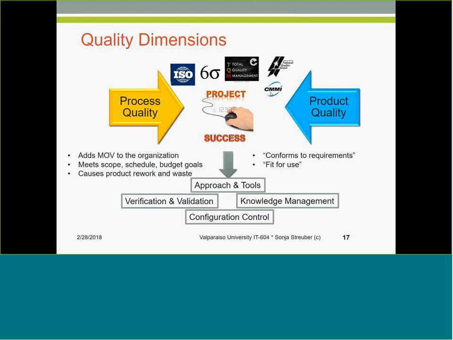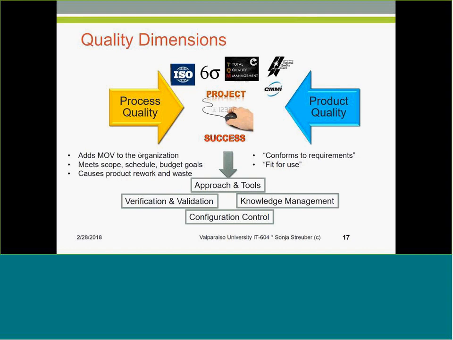The idea is, though, that both process quality and product quality, with application of any of these frameworks or derived frameworks, will lead to project success, right? And the important thing is, project success means you add measurable organizational value to the organization, right? MOV.